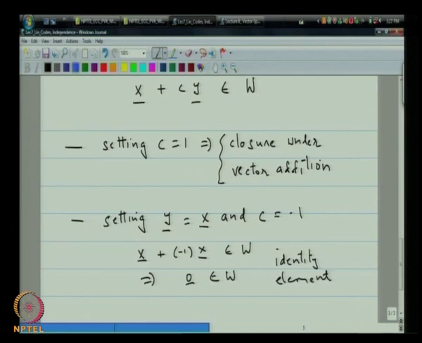Let me just highlight these in blue. So, you have closure, and here you verified presence of the identity element.